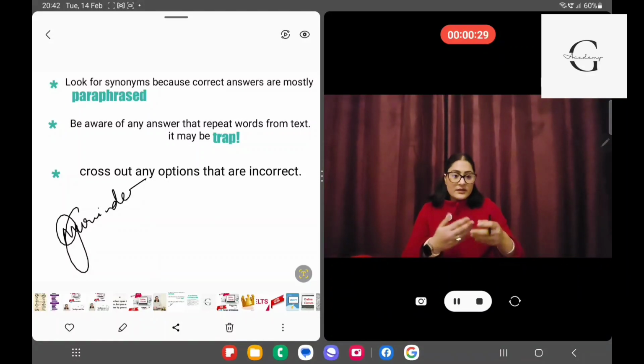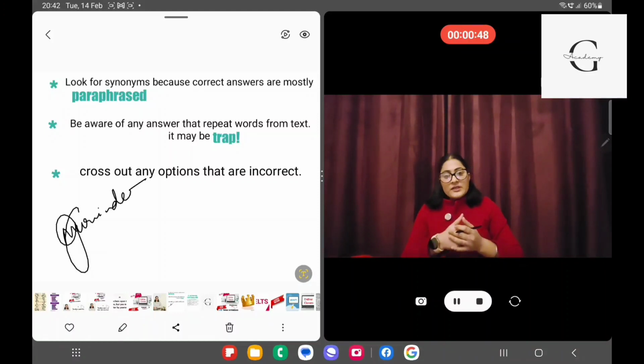They just use synonyms. To get yourself updated regarding IELTS reading synonyms, you must go to the G Academy or Gurvinder's Academy page. I post reading synonyms every day so you can get a maximum score in your IELTS reading.